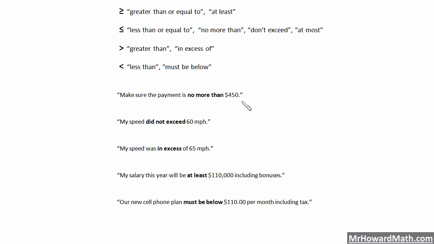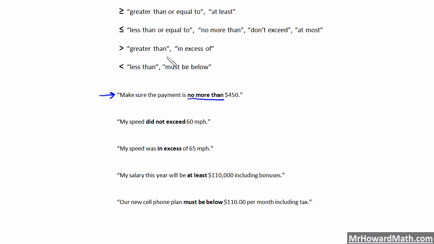I brought up a few example phrases here, and we're going to go through and write the inequality statements that would go with these specific cases. Let's look at this first one right here. Make sure the payment is no more than $450. I've bolded the important words: no more than $450.